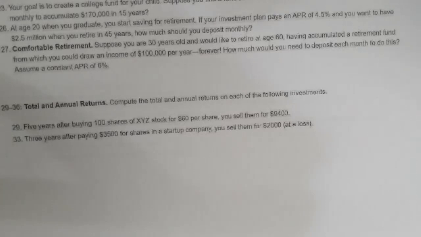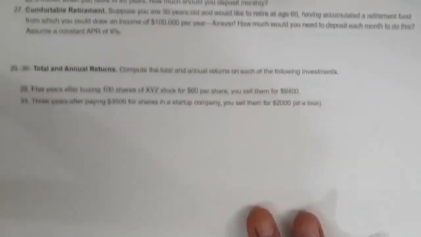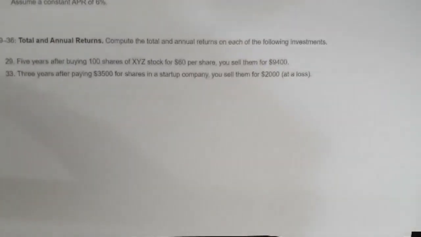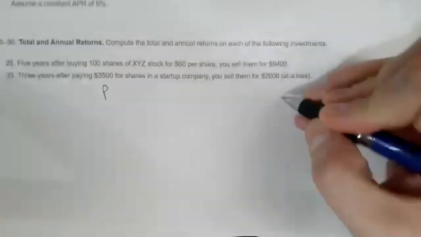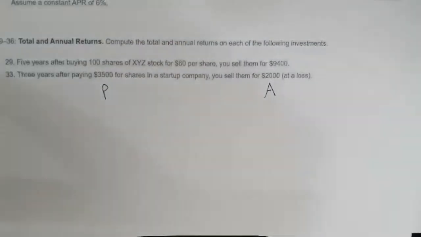What about 33? We're paying 3,500 per share, and then we sell them at a loss for 2,000. So which one is my principal here? The 3,500 is my principal, and this is my accumulated amount then.